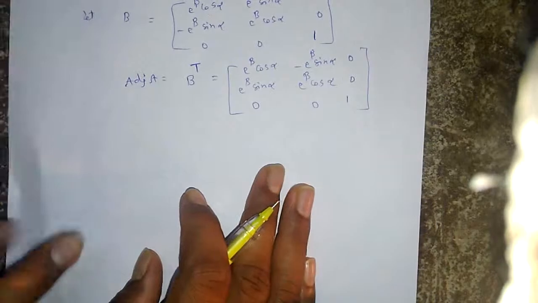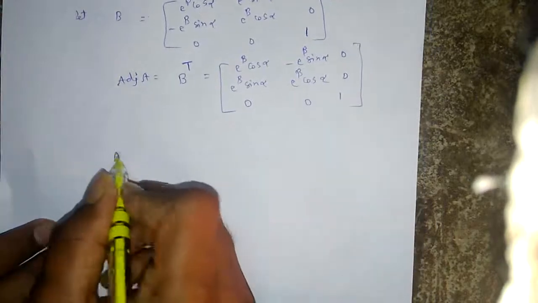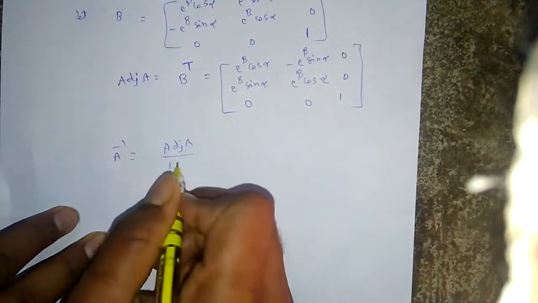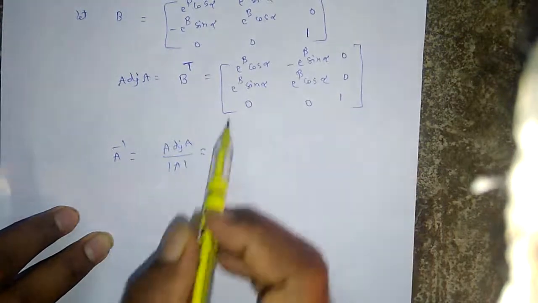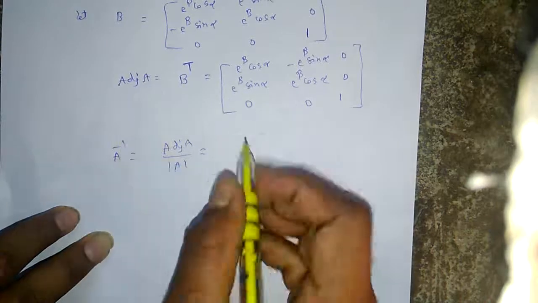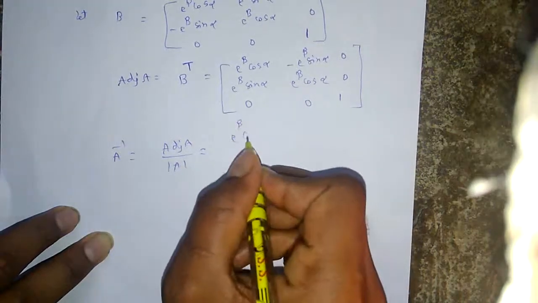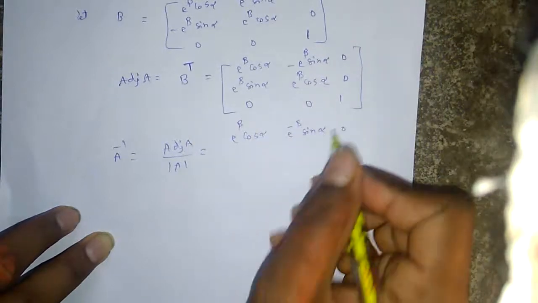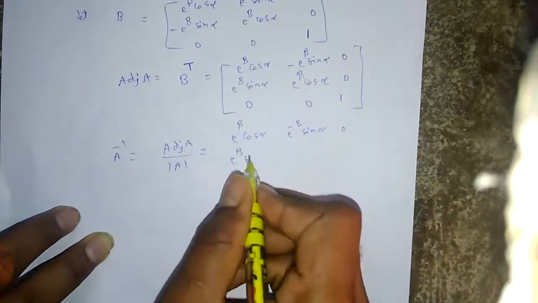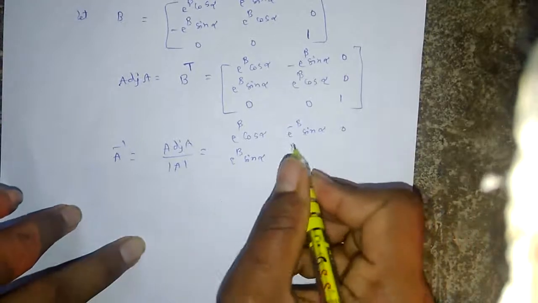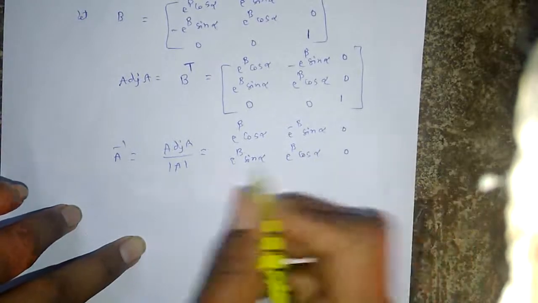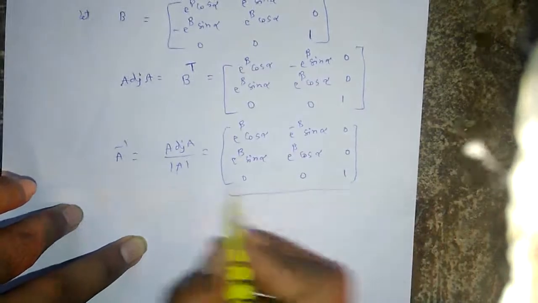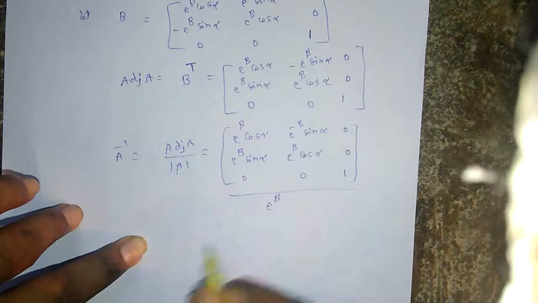Next you need to find A inverse. A inverse is equal to adjoint A by det A. So this is adjoint A, divided by det A, which is e power beta.